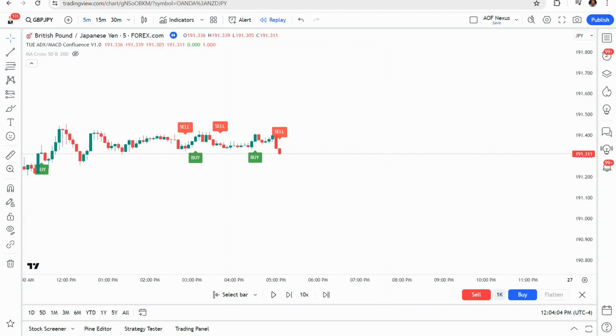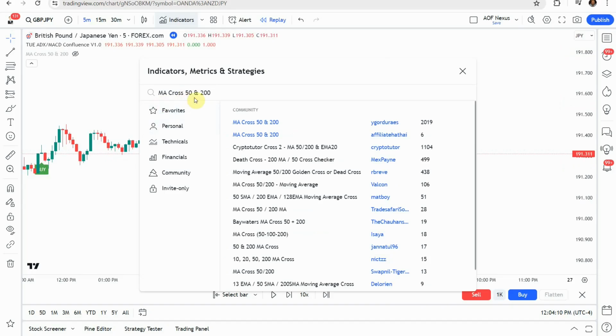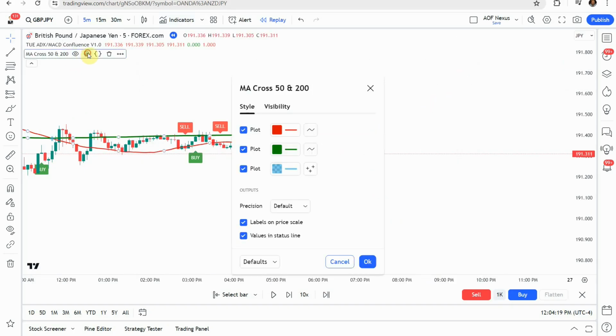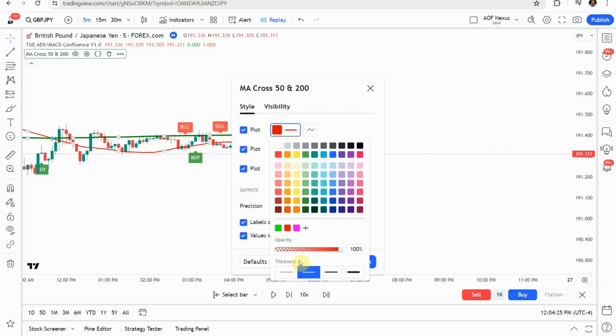And then click OK. The next indicator you will add to the screen is going to be the MA cross 50 and 200. This one right here. Go ahead and click on that and add it to the screen. And again, we'll jump into the settings of this one. And so what you're going to do is just make these colors whatever colors you want.